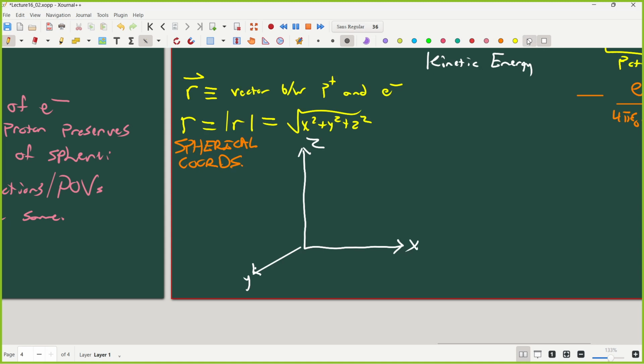Spherical coordinates. Remember, we're going to implicitly define our origin to be our proton, and I won't label it from here on out. And we're going to say our electron is some point in position space x, y, z.